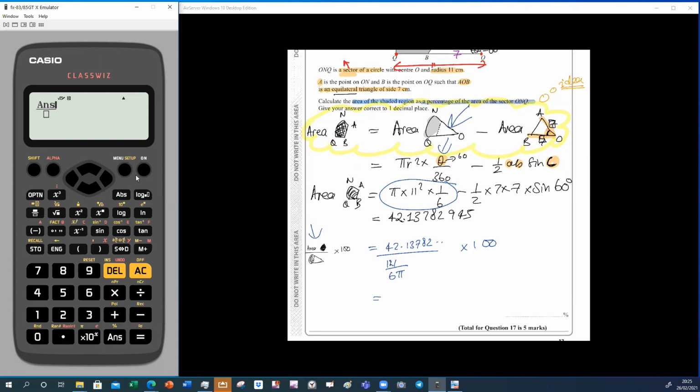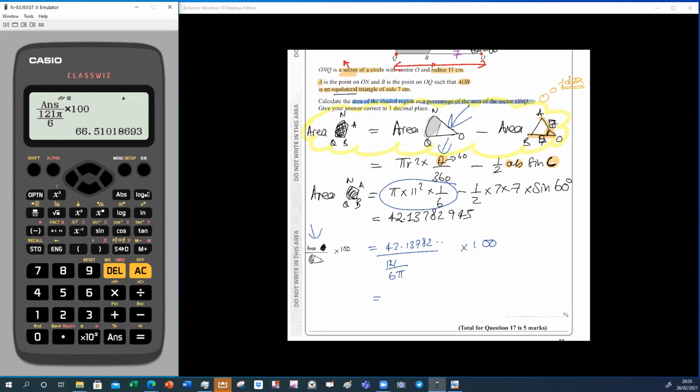Put the answer in there, replay on the bottom, put a fraction, pi at the top, over 6. Divided by 6. Then bring that up again, and we're going to times that by 100 to change into a percentage. And that gives you the answer.